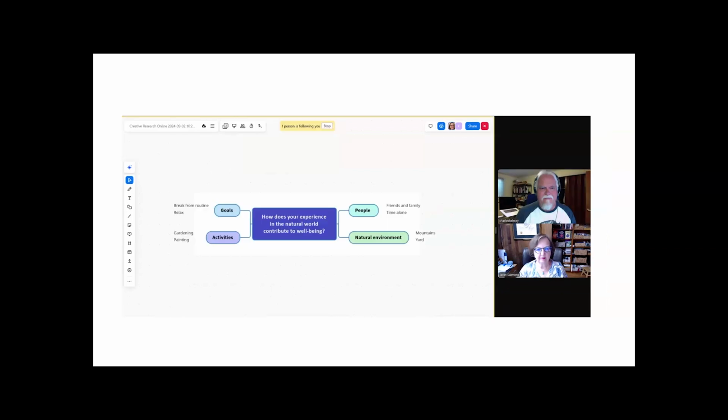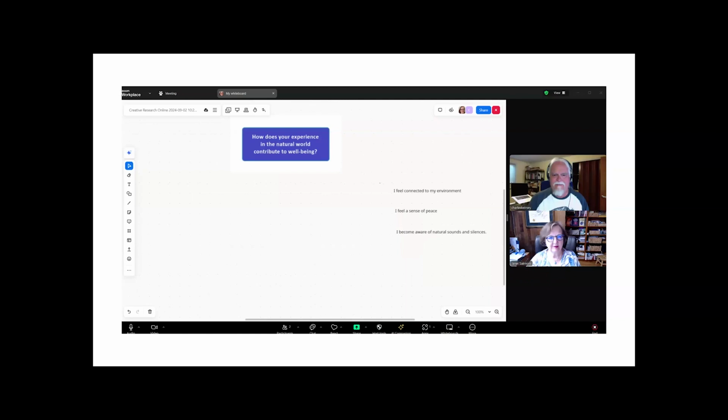If I start with something like this, where I've created those larger topics, and I've used these same four options with all of the participants, then I've got a chance to organize my data using those categories to begin with. So I'm going back to my research problem, and I'm thinking about what it is that I wanted to know. Maybe there are some more specific things that I want to know, or maybe I just want to put it out there and see whatever kind of response I might get.